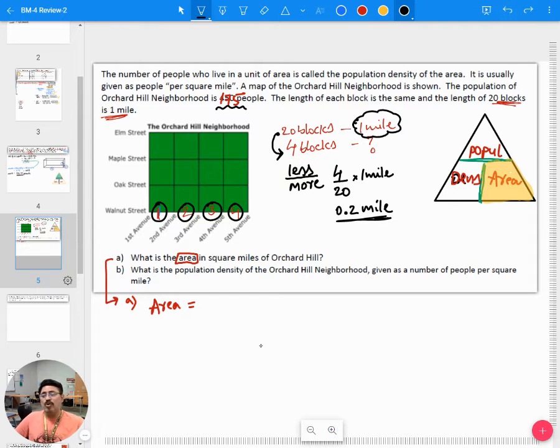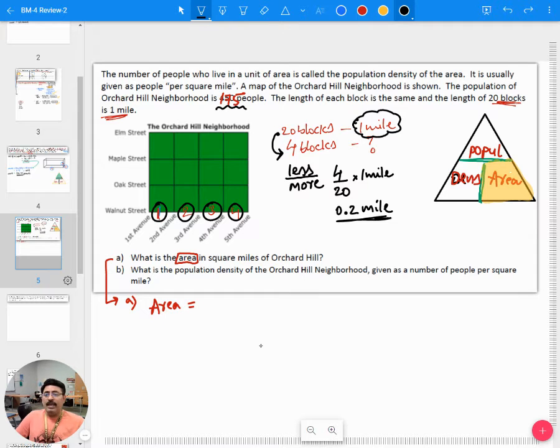That is the reason the numerator is the less and the denominator is the opposite one, which is more. So 4 over 20 times 1. Let me use a calculator: 4 divided by 20, yeah, 0.2. So 0.2 mile.